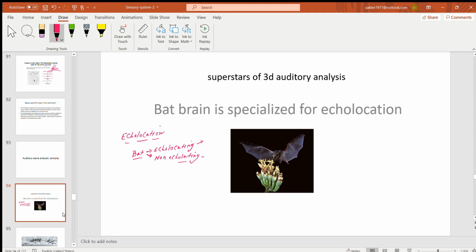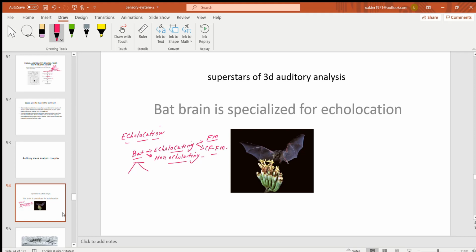However, in neuroethology, we usually classify the bats into two types, echolocating and non-echolocating. Now, echolocating bats are classified into FM bats and CF bats.